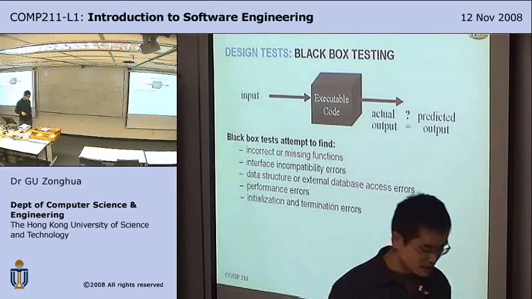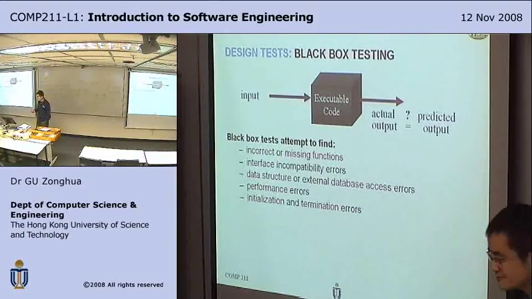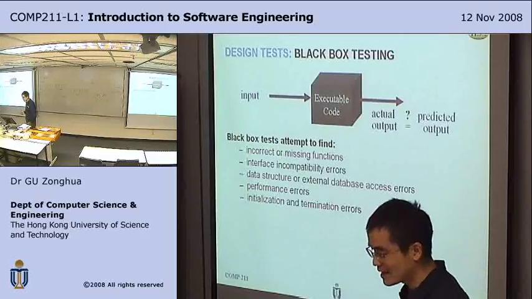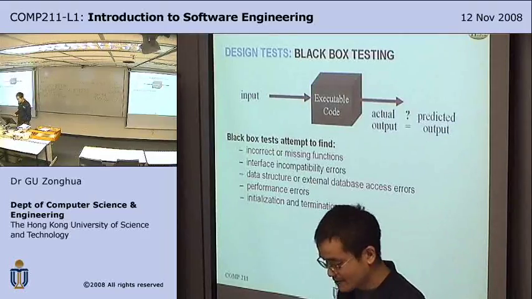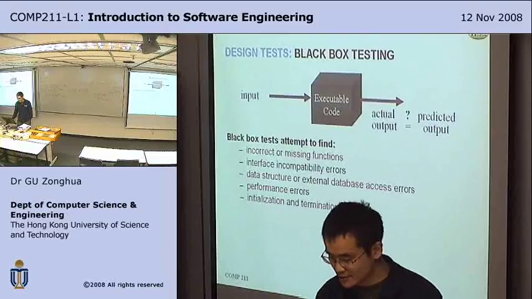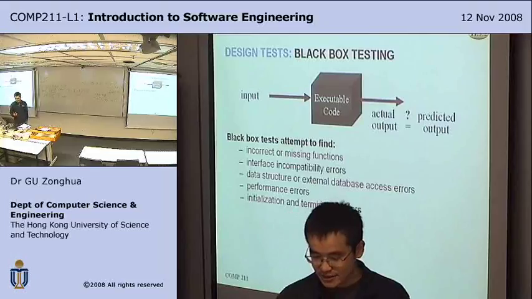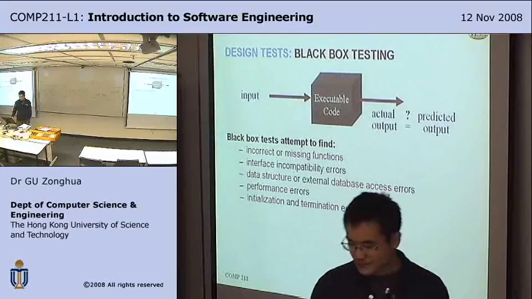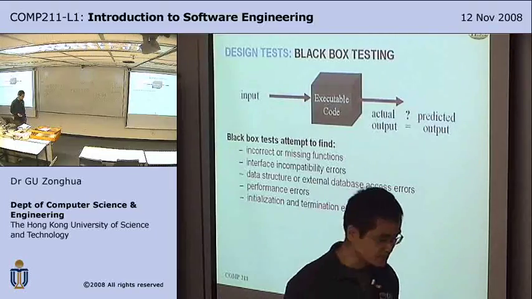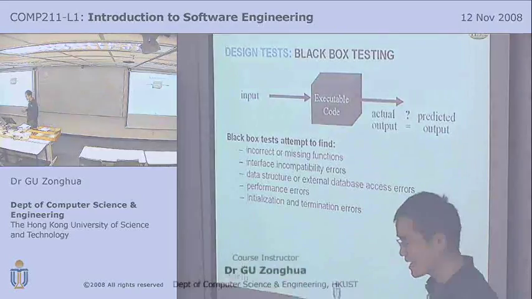That is, if your program expects to receive a certain data format, and you pass in that format, and it cannot read it, it's an interface incompatibility. Data structure or external database access errors. That is, if you perhaps run the program for a few days and check the database, the database may have inconsistencies or dangling pointers.